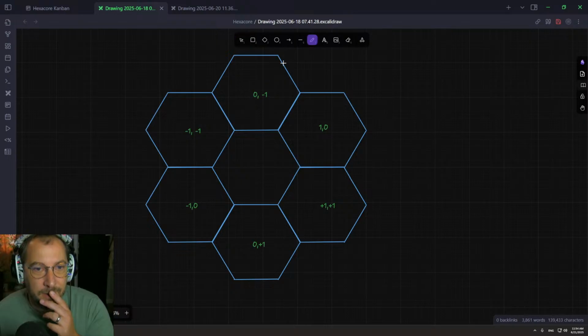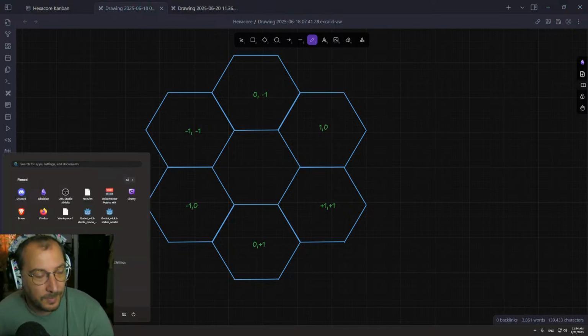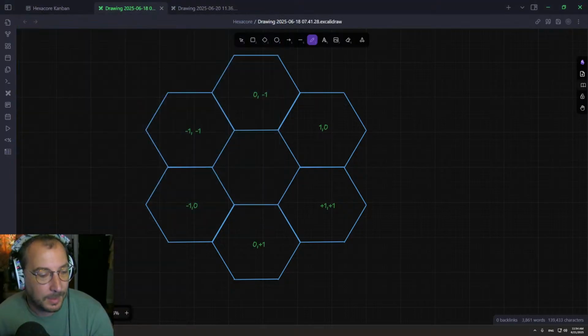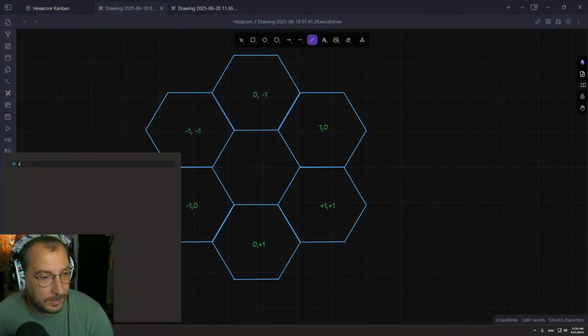So how many degrees are we looking at? So it's a hexagon, right? So we have 6. So 360. Not a calendar. Fucking Windows.